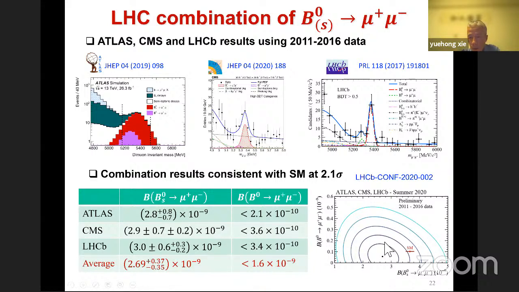From the bottom plot, you can see that the combined result is consistent with the Standard Model prediction at the level of 2.1 sigma. So we need to use more data to improve the measurement precision, to see whether there is actually a significant discrepancy or this is just a fluctuation effect.